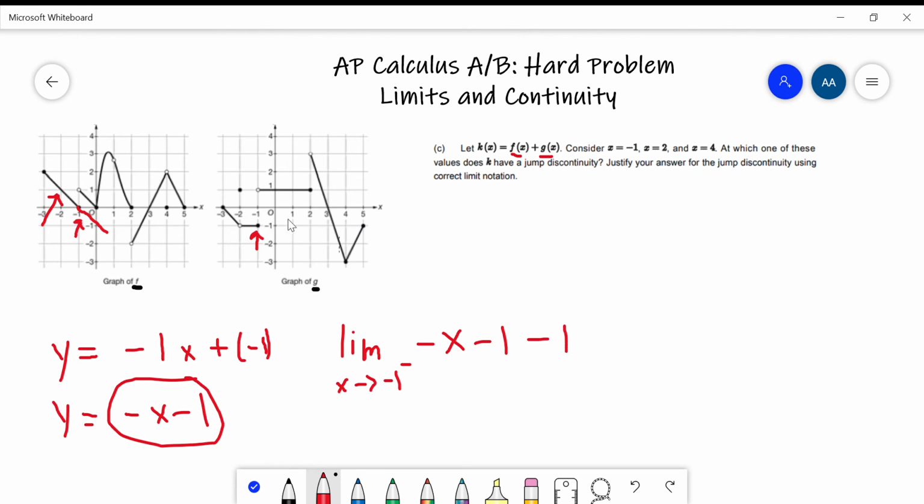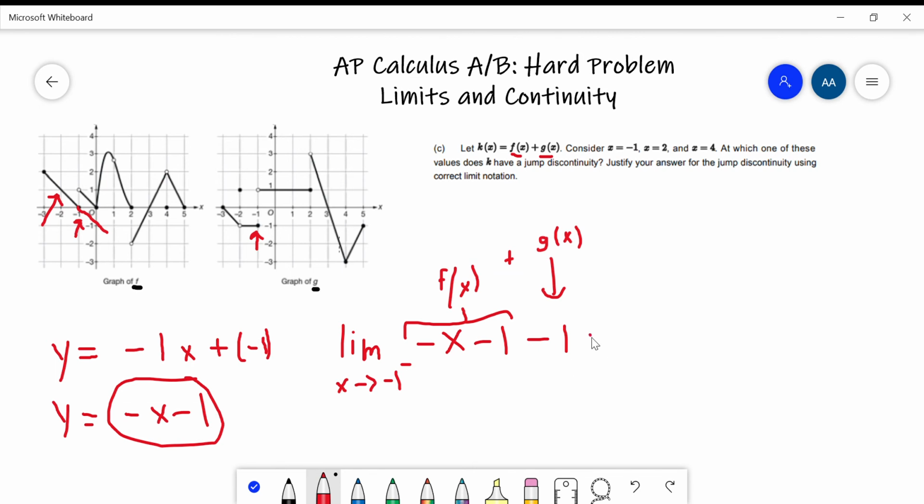So we can combine this. Remember, this is f of x, and then we're adding that to g of x, because that's what k of x is as defined in the problem. So f of x and g of x, and keep in mind we're adding them, so that means it is k of x in fact.